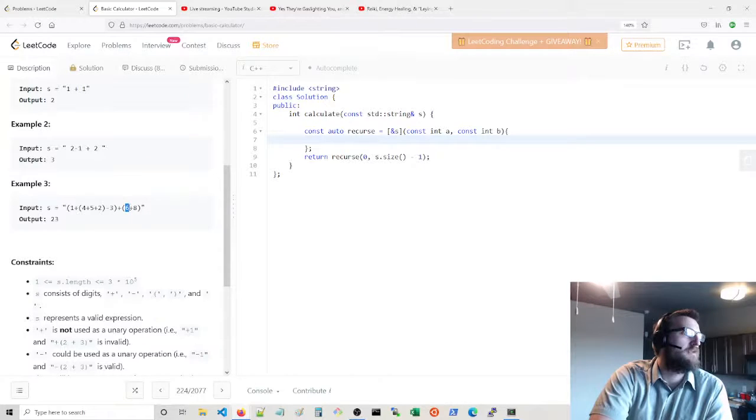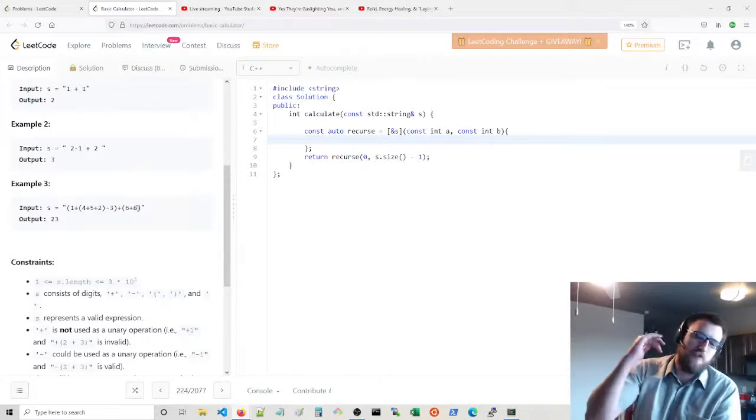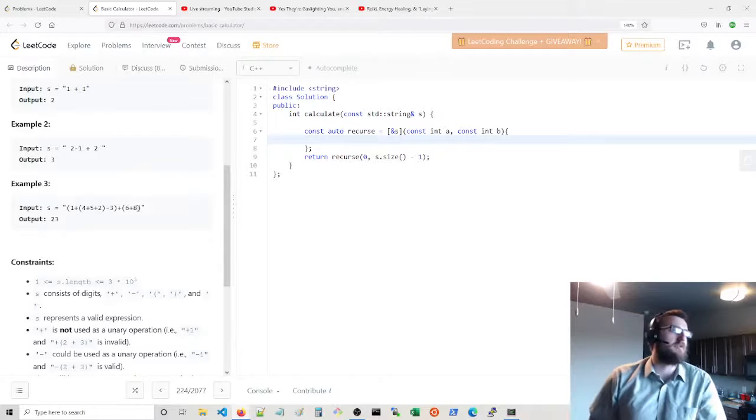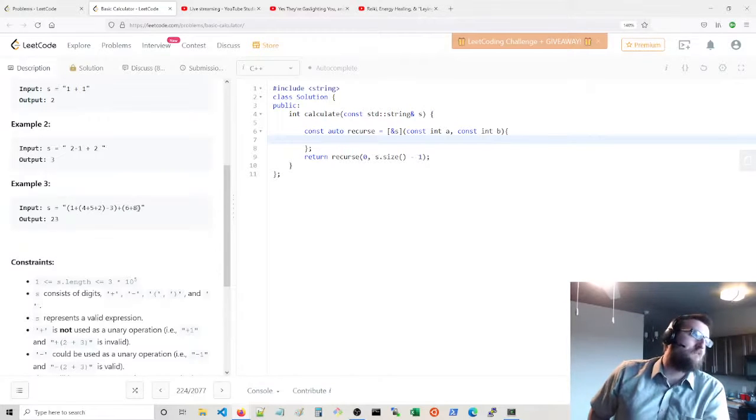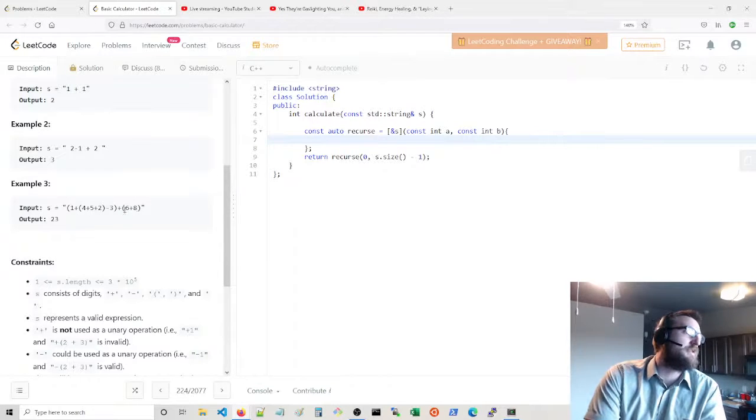If you see a number, so let's say you have an operator, you're looking for either a number or an opening parentheses. You can actually just evaluate that number. You can just parse that number. And the way you would do that is you can just go digit by digit until you have the number.